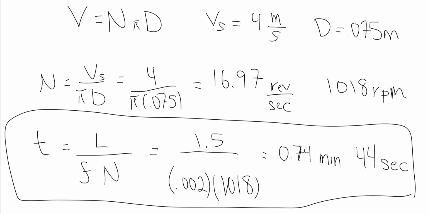Part B is asking the same thing, but instead of high-speed steel, we are going to use a carbide cutting tool. So let's do that. So once again, we have the same equation. V is equal to N pi d. In this case, since the tool is changed, the velocity for a carbide is 7 meters per second. So let's manipulate the equation once again.